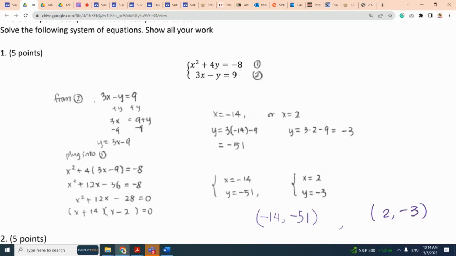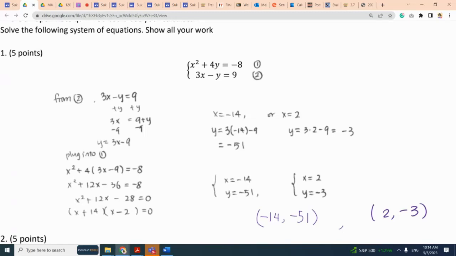When you solve a quadratic equation, you want to move all the terms to the left-hand side so your right-hand side is 0. That's why we add 8 on both sides, and we get this. You either factor it or use the quadratic formula. Is that okay, everybody? So that's why we get 2 roots.